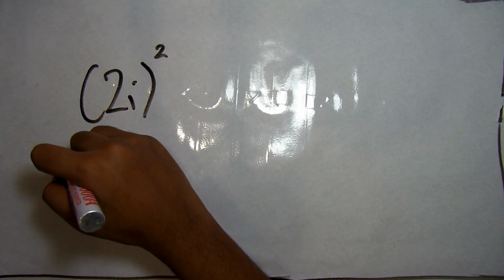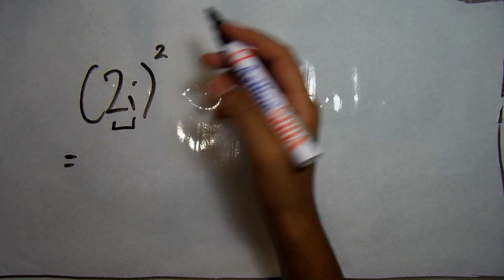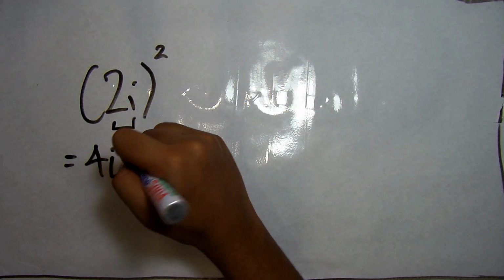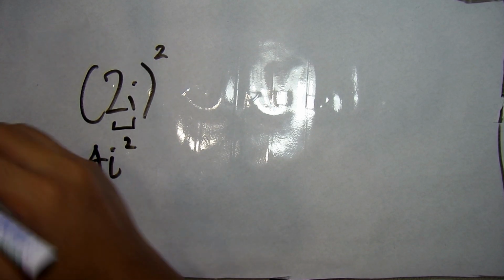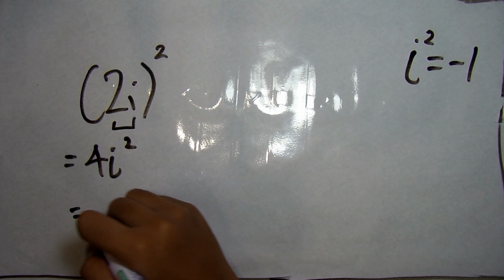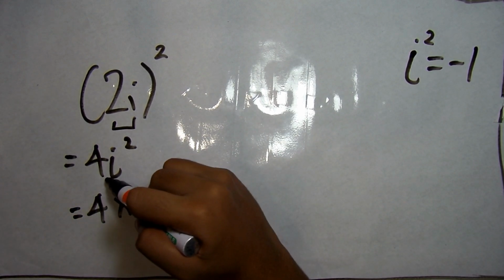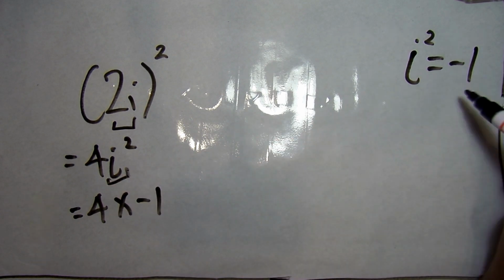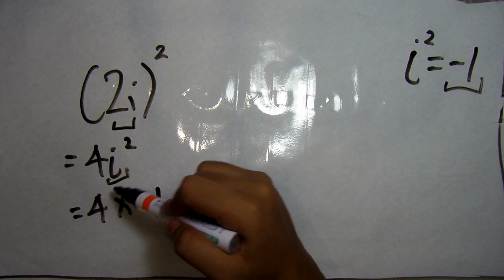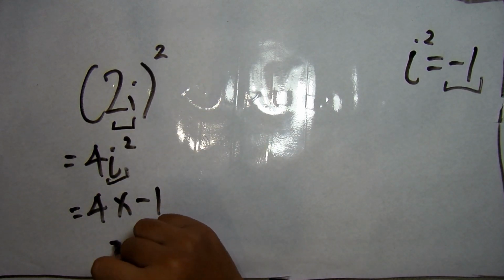Just like we treat any ordinary algebraic expression, we square both the elements inside the bracket, so 4i squared. And as I introduced before, i squared equals -1. So 4 times -1. We always try to replace the i with its real equivalent. So i squared will be substituted with -1. So 4 times -1 will give -4.